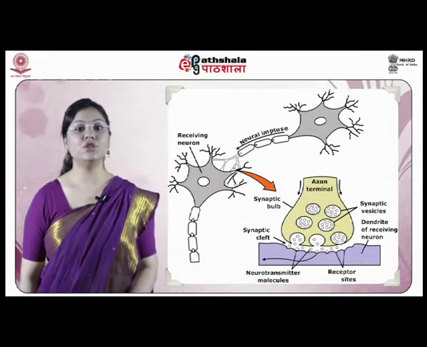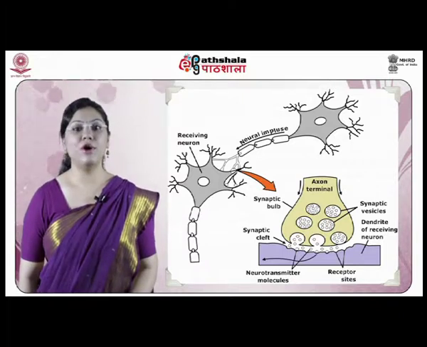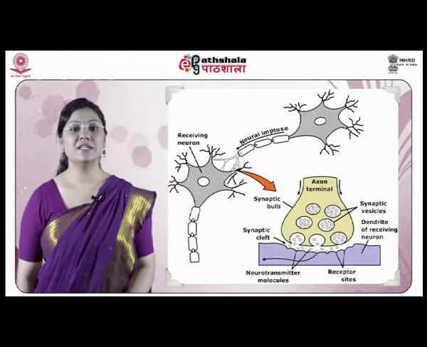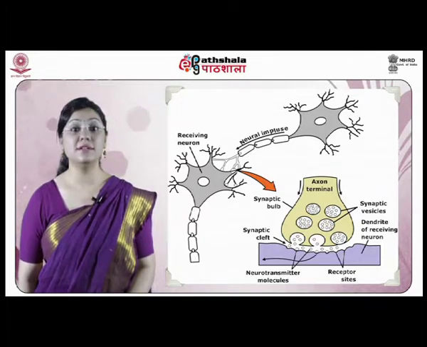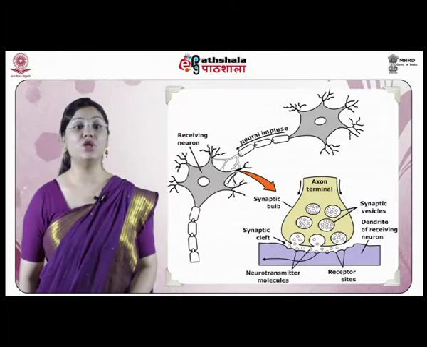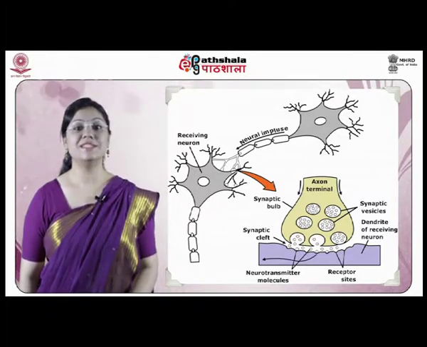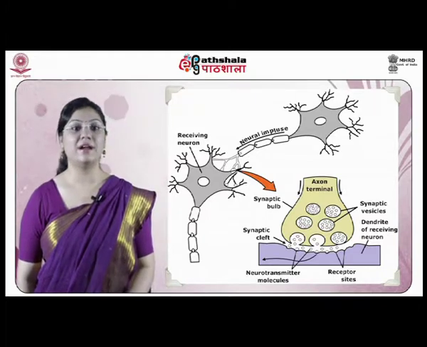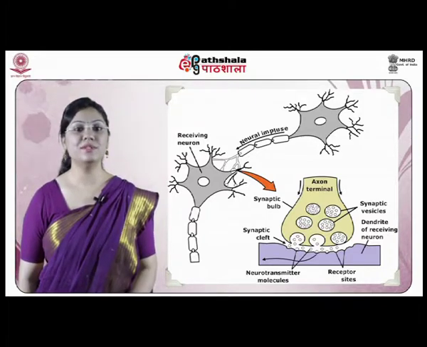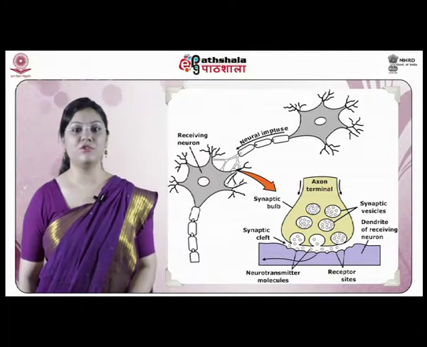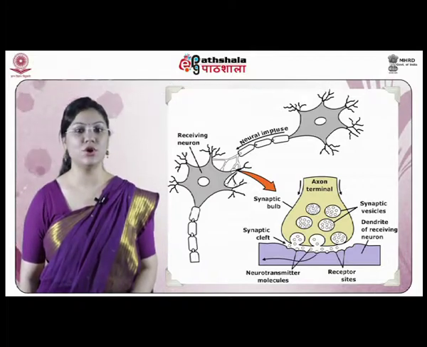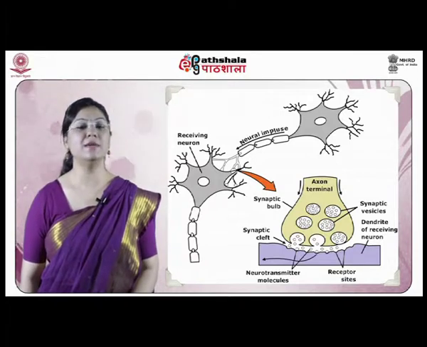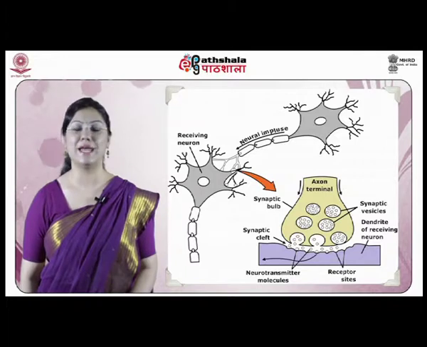When an electrical impulse in the form of an action potential is transmitted down an axon, the terminal buttons release a neurotransmitter into the synaptic cleft. Neurotransmitters are chemicals that produce a depolarization, which refers to excitation, or a hyperpolarization, which means inhibition in the postsynaptic neuron.